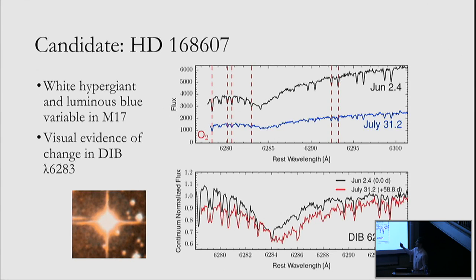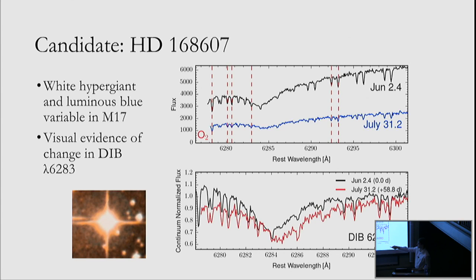The last candidate was a white giant and luminous blue variable. This was for the DIB at 6,283 angstroms, which is particularly difficult due to contamination by telluric features and the fact that it's at the edge, the left-hand side of the echelon order that we're dealing with. So it's very hard to get accurate measurements of the radial velocity and the equivalent width. So this is more of a visual inspection. This is just making sure that we're aligned, looking at the same area, lining up some of the telluric features.